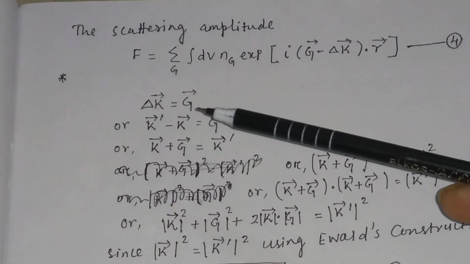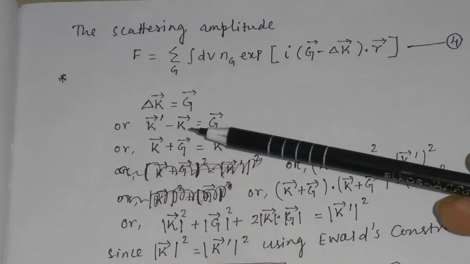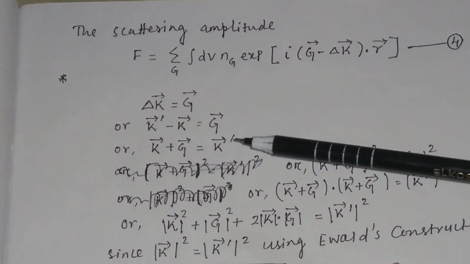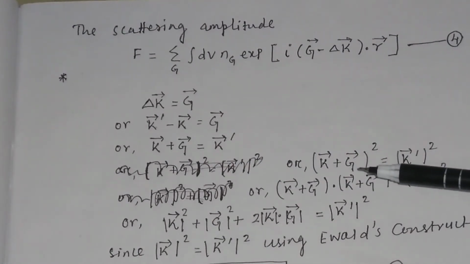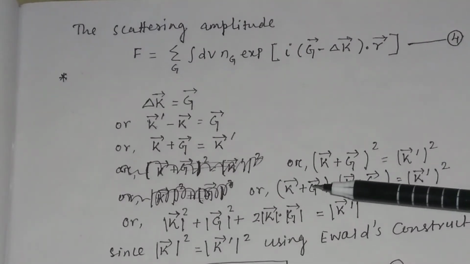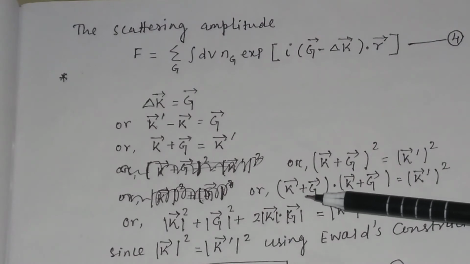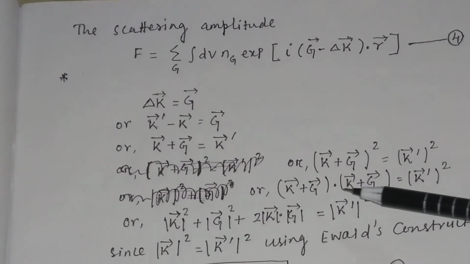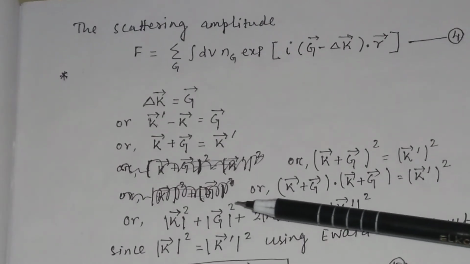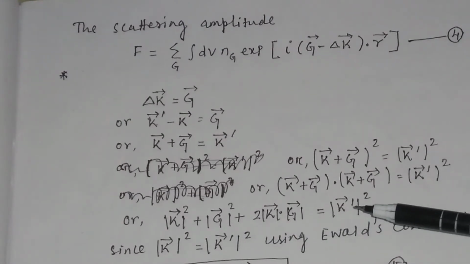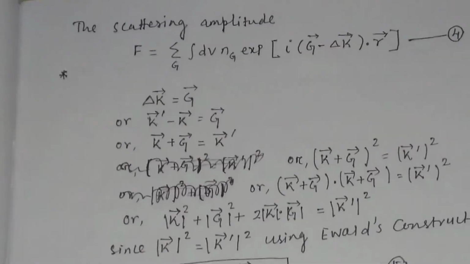If you take delta k is equal to G, then k dash minus k will be equal to G, or k plus G will be equal to k dash. That is, k plus G whole square will be equal to k dash square. So if you take the dot product of k plus G with k plus G, it will be equal to k square plus G square plus 2k dot G, that is equal to k dash square.